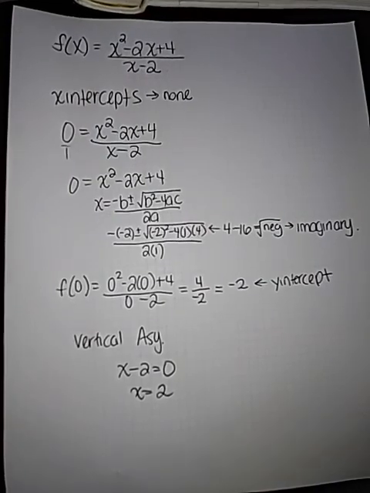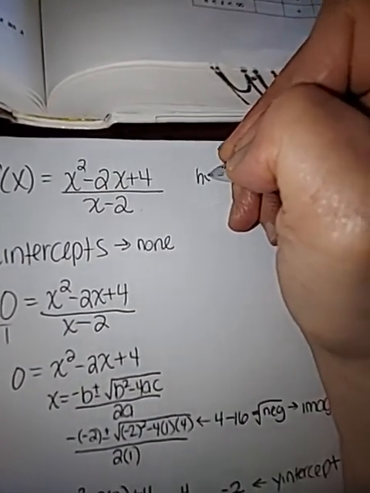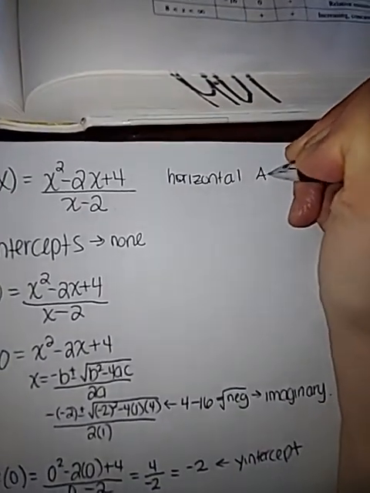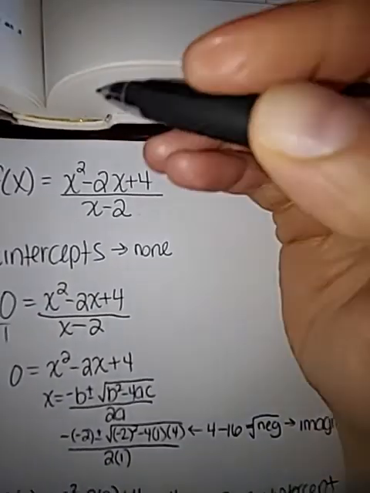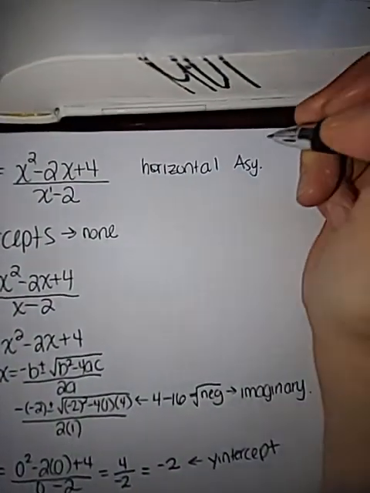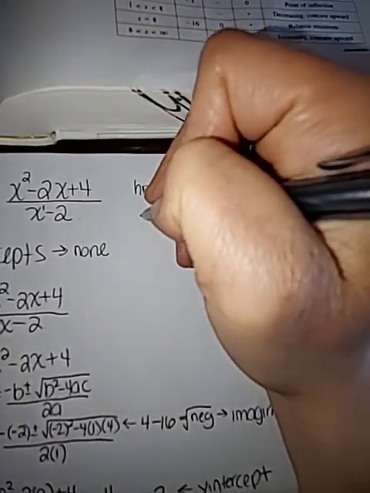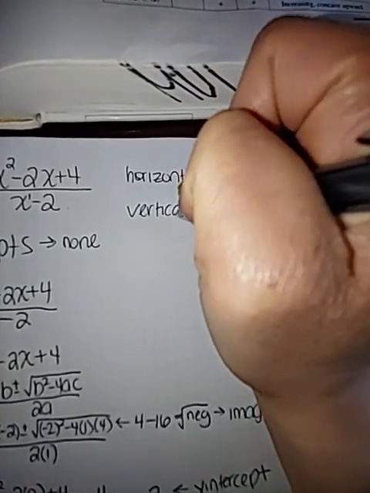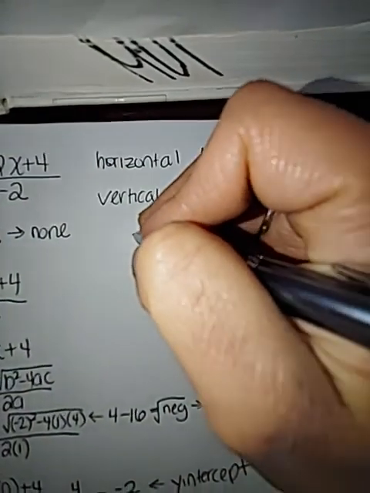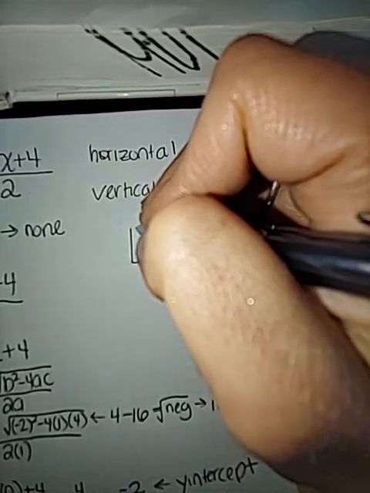All right, last thing, I'm going to check out my horizontal asymptote. Because the degree on the top is 1 bigger than the bottom, there are no horizontal asymptotes, but that means I have a slant asymptote. To find it, I divide the top by the bottom.